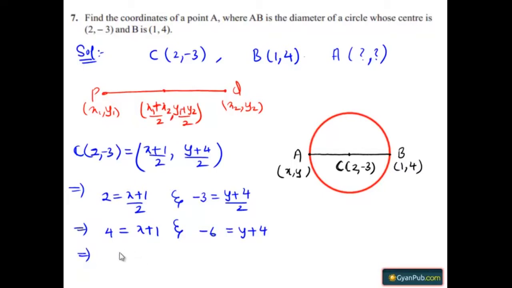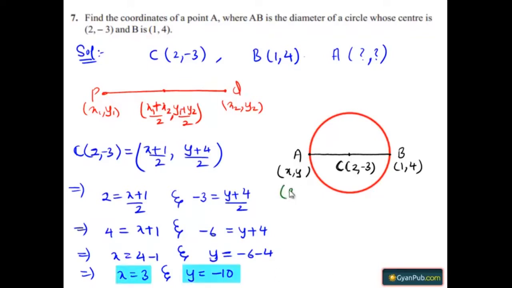This implies x equals 4 minus 1, which is 3, and y equals minus 6 minus 4, which is minus 10. Hence, the coordinates of the point A are (3, minus 10).